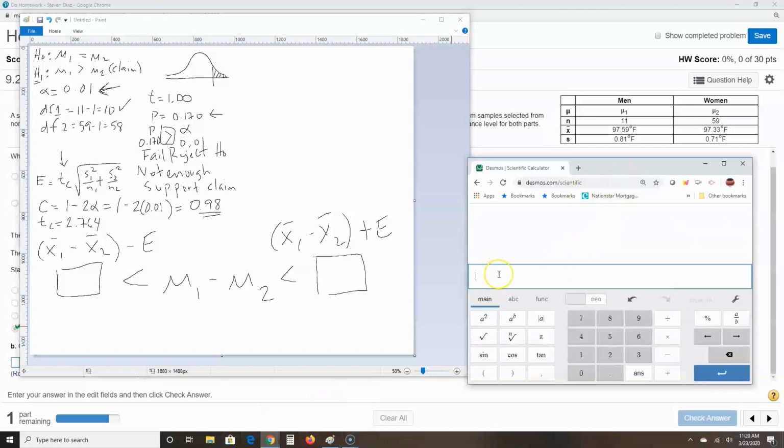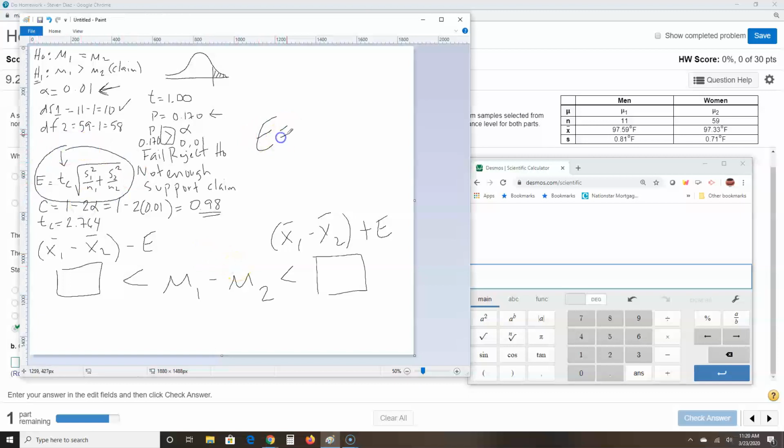All right. I need to find E first. I don't have E. I told you we're going to use this formula here to find E. So E equals, now I'm going to do it in decimals, it's much easier for me.